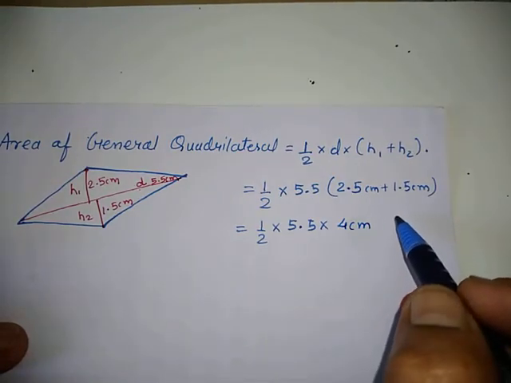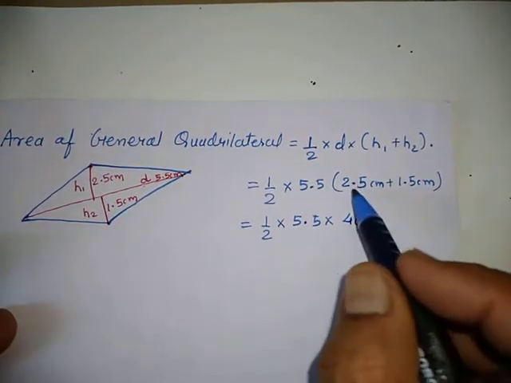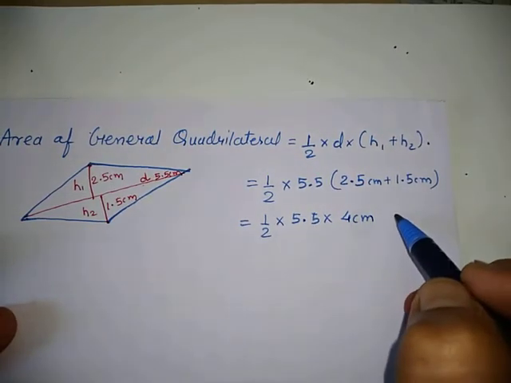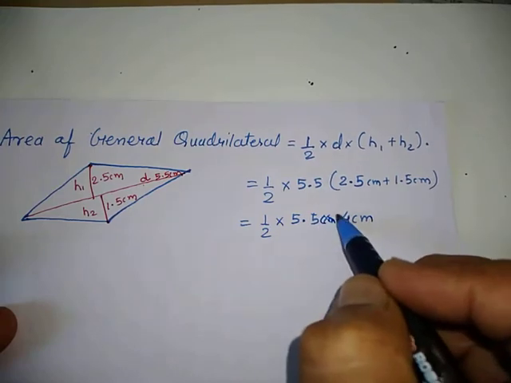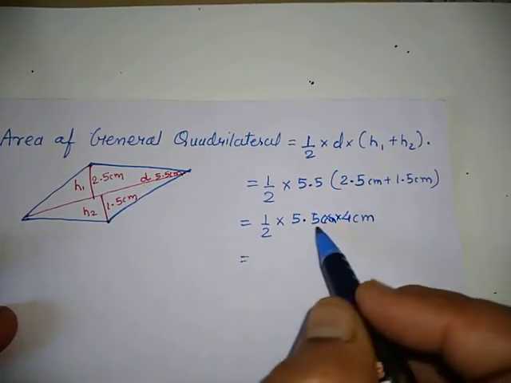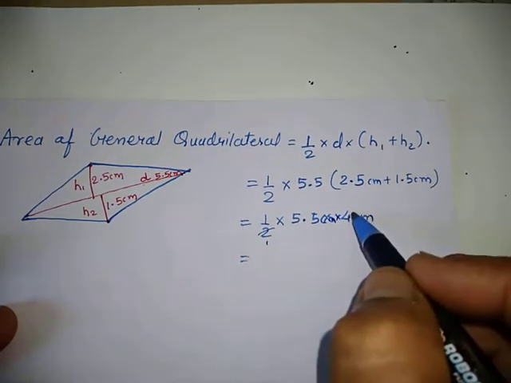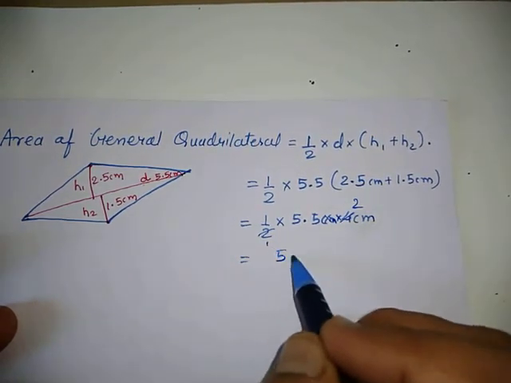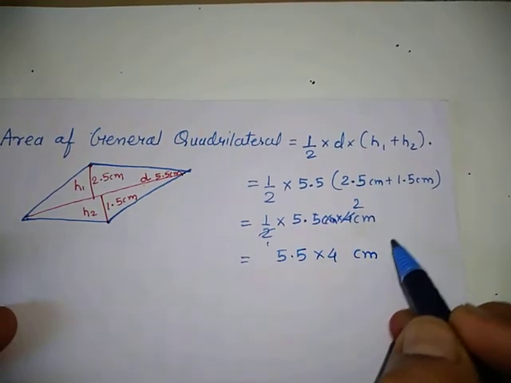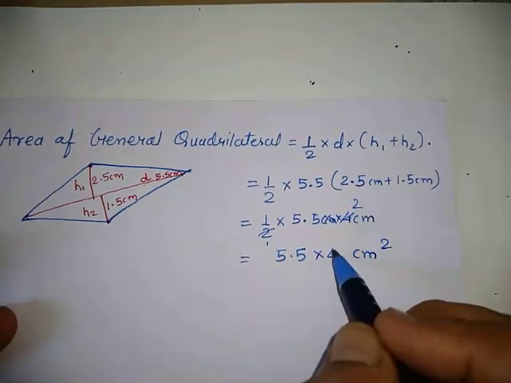Clear? Now overall it will be centimeter multiplied by this much. So we can resolve this also. So 5.5 multiplied by 4 centimeter square, multiplied by half, sorry.